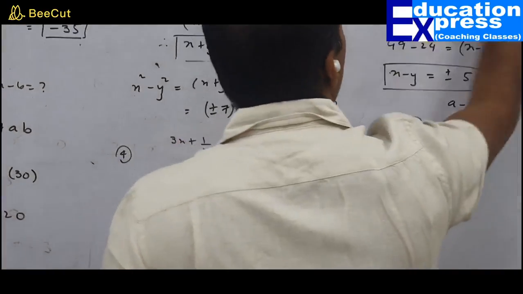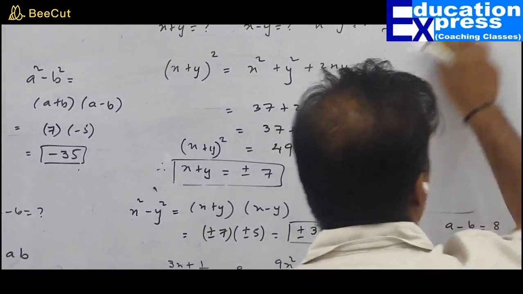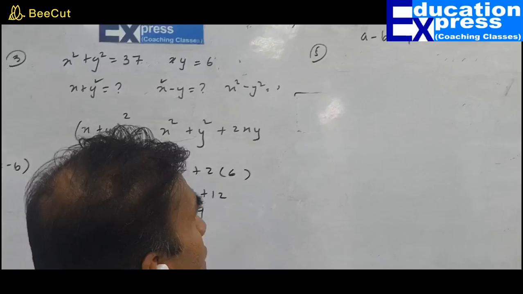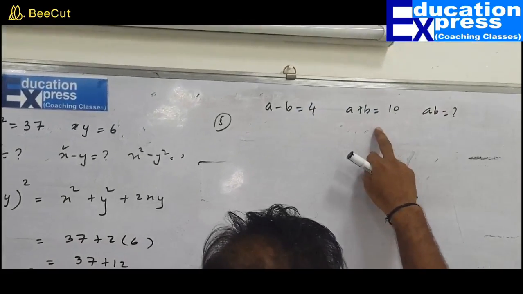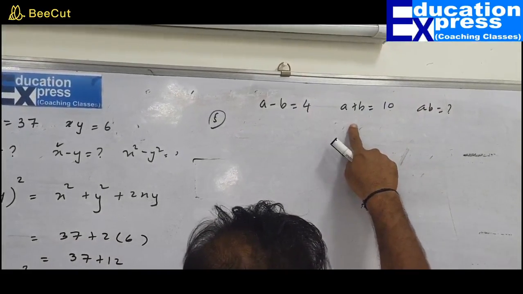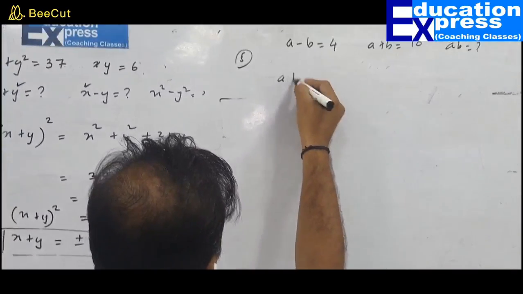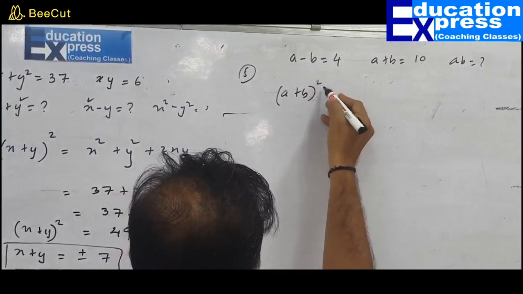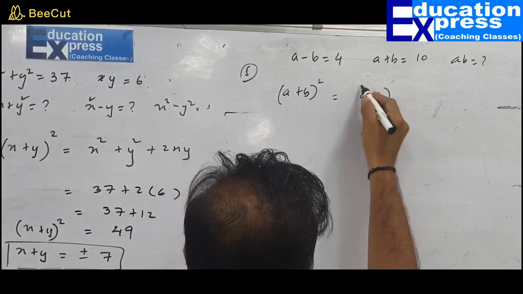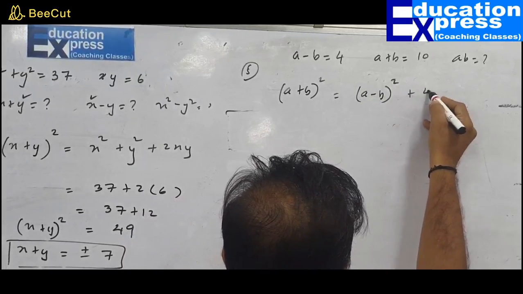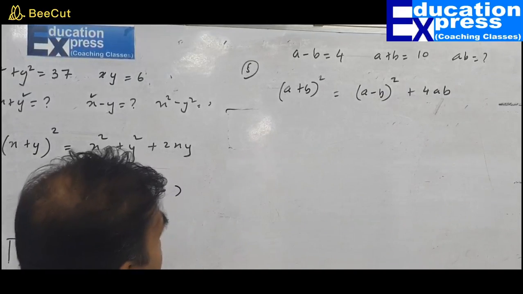Move on to question number 5. Question number 5: a minus b equals 4, and a plus b is given. Since a minus b and a plus b are involved, you can use the linking formula, the bridging formula: (a plus b) square equals (a minus b) square plus 4ab. Same formula.